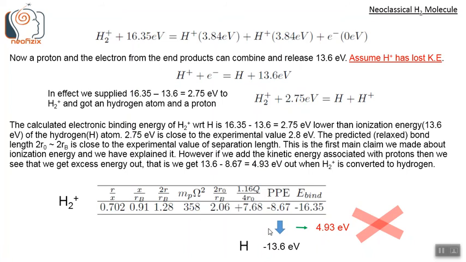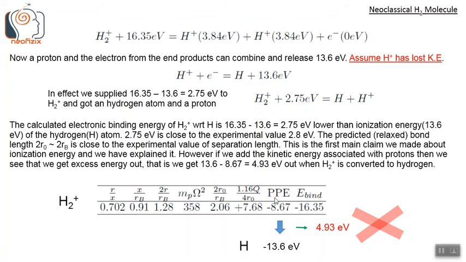So basically H2 plus has the total energy minus 8.67. So it is at a higher energy level compared to the hydrogen atom, which has minus 13.6 electron volt for ionization.